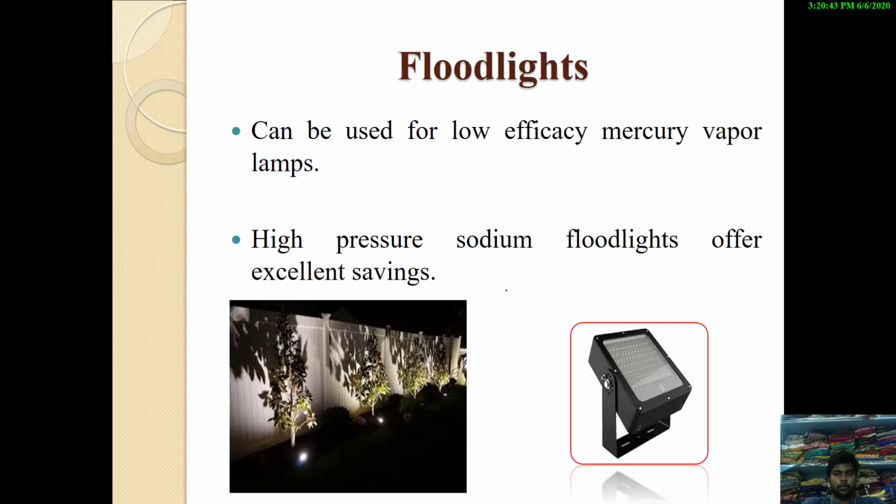Next is floodlights. This type of light is mostly available on stages, that is for a dance stage or any stage performance. Without this lighting, such performances cannot be done. Low efficiency mercury vapor lamps can be replaced, and high pressure sodium floodlights offer excellent savings.